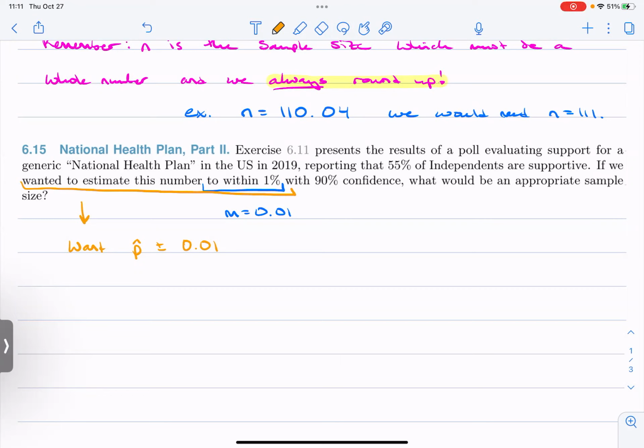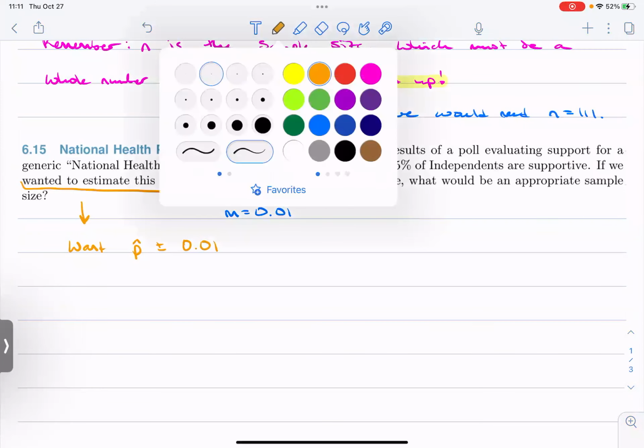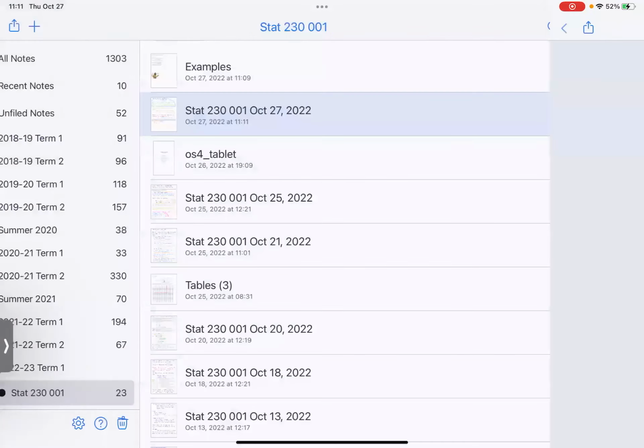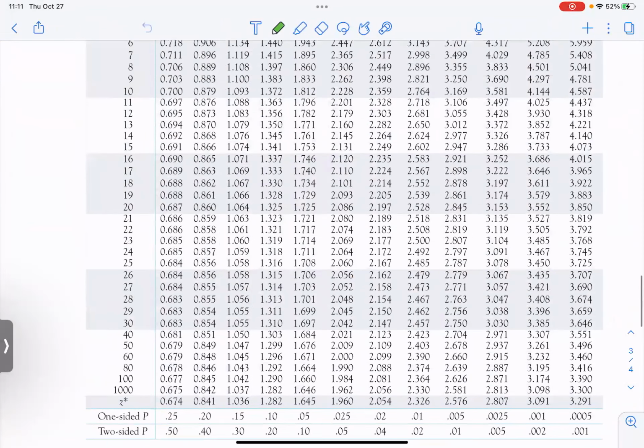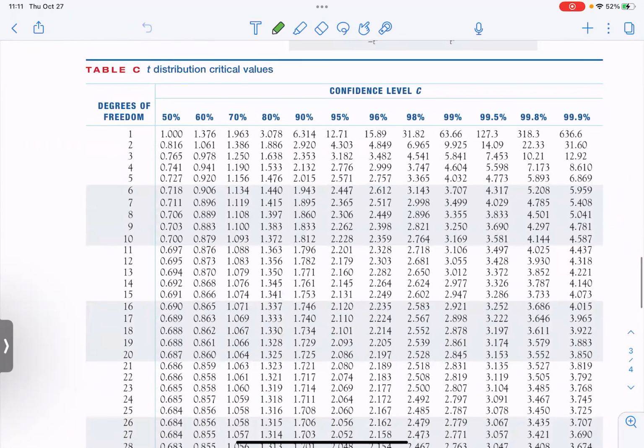And we're also told that we want it at a 90% confidence level, which means that we need to find Z star for a 90% confidence level. You can use the tables if you want. Back in my day, we had to memorize them.